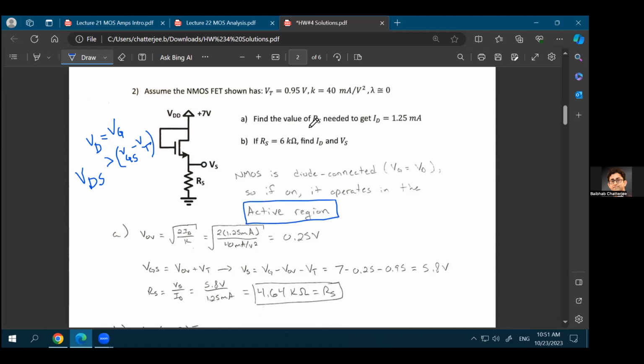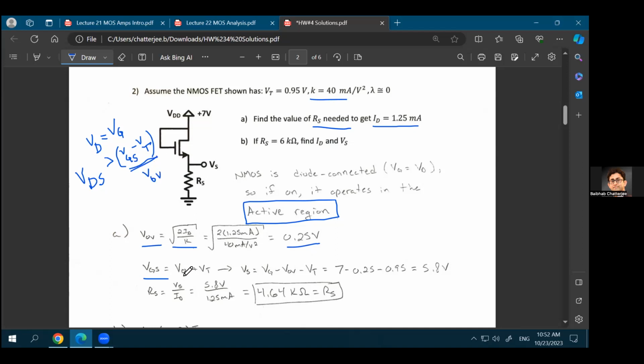And again, you are asked to find out what is the value of RS needed to get ID equal to 1.25 milliamperes. You can use the same formula for the device in active region, that V overdrive equals the square root of twice ID over K, and you know the value of ID, you know the value of K, you can find out what would be your V overdrive. And if you know the value of your V overdrive, you can find out what is VGS, because VGS minus VT is equal to your V overdrive.